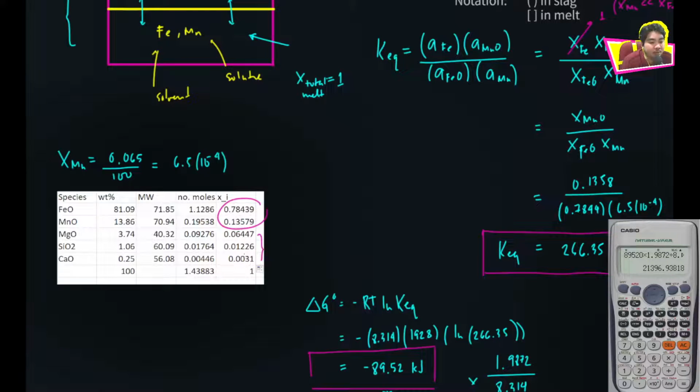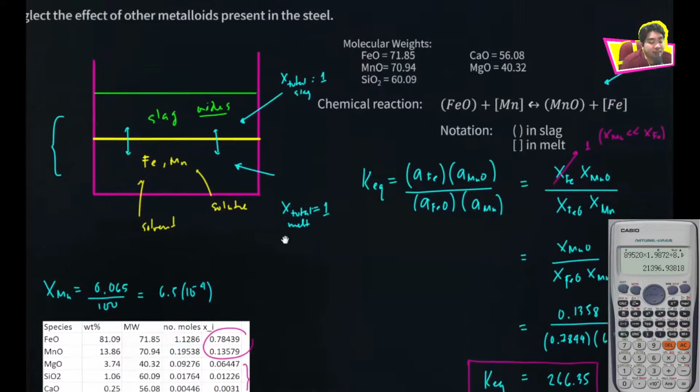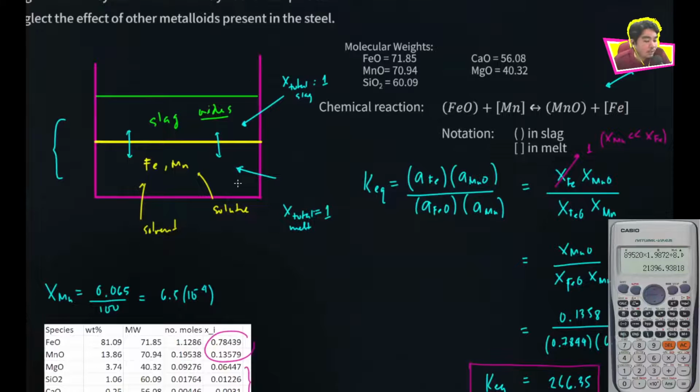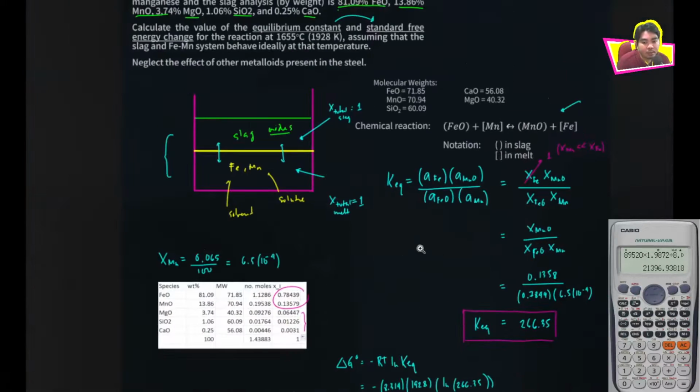Kasi kung wala to, dapat mag-iiba yung total natin. So kunwari hindi natin kinonsider to, mag-iiba tong total, therefore mag-iiba din tong Xi, itong molar fraction. Kailangan natin sila i-consider dahil nakaka-affect sila sa activities. So that's for ideal solutions.